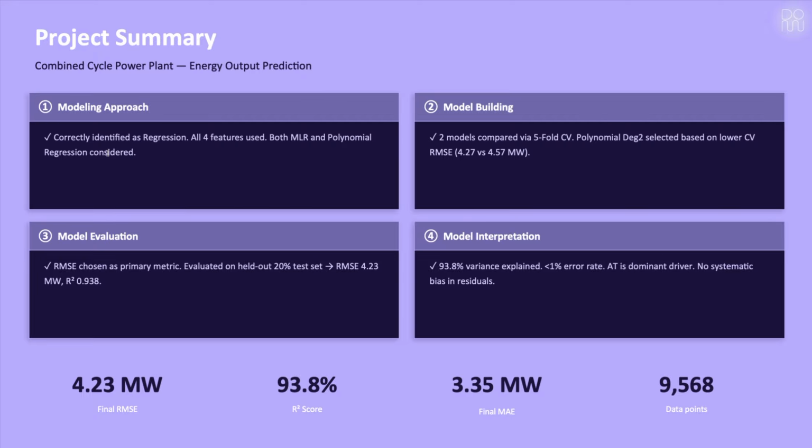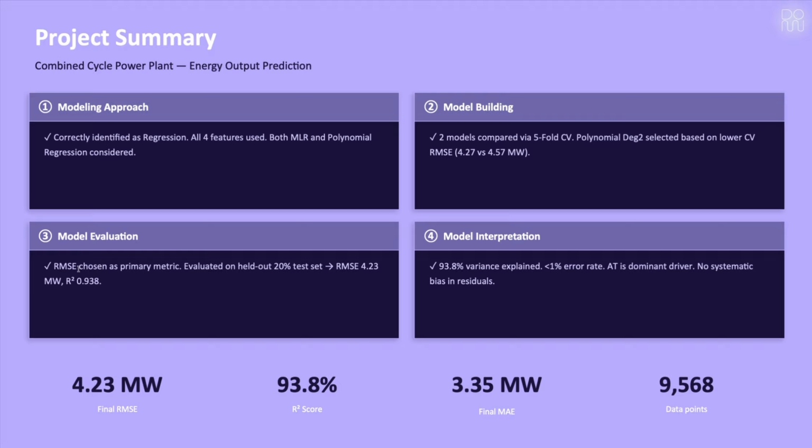And as a summary, we have the modeling approach that was correctly identified as a regression, all four features used, and we used it to test both MLR and polynomial. That was the one that won. The second was the model building, two models compared by 5-fold CV, and we have the polynomial degree 2 selected based on lower CV RMSE.